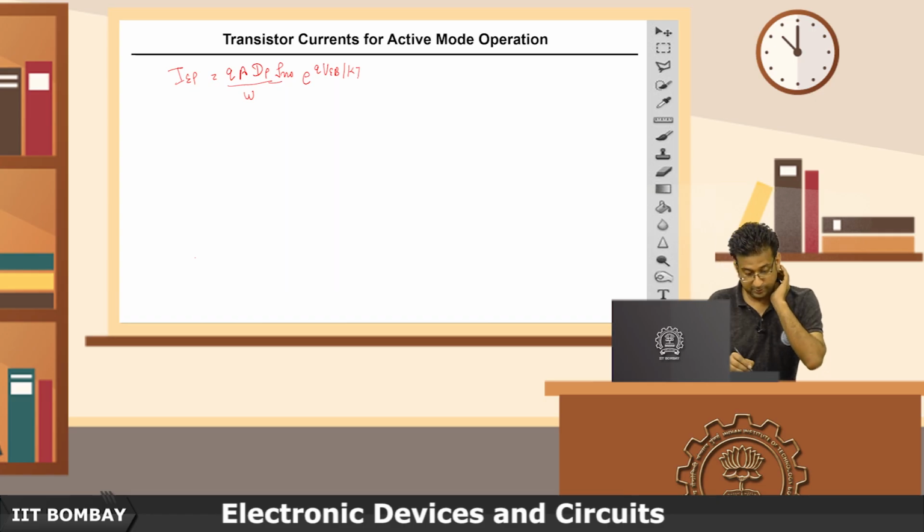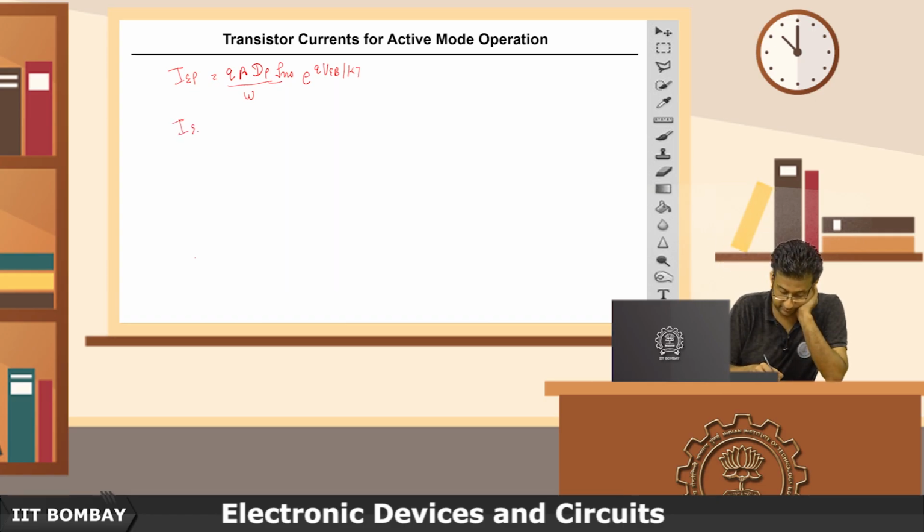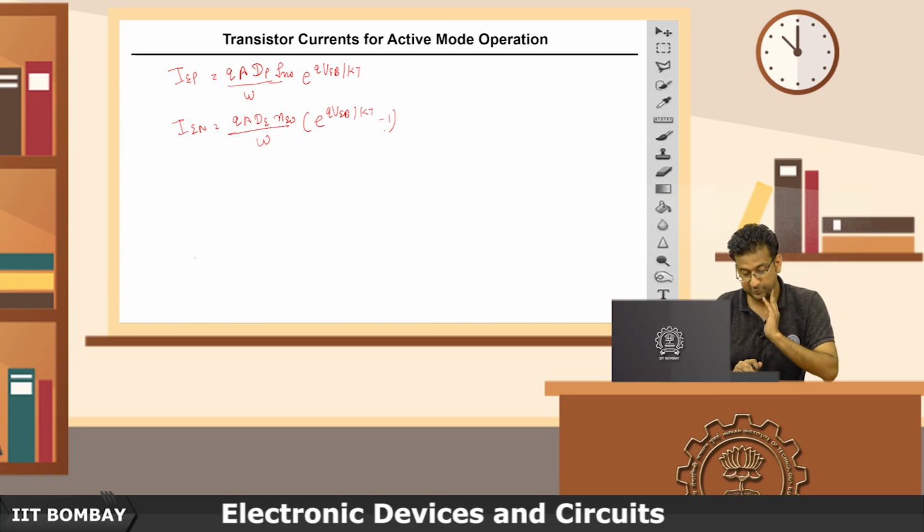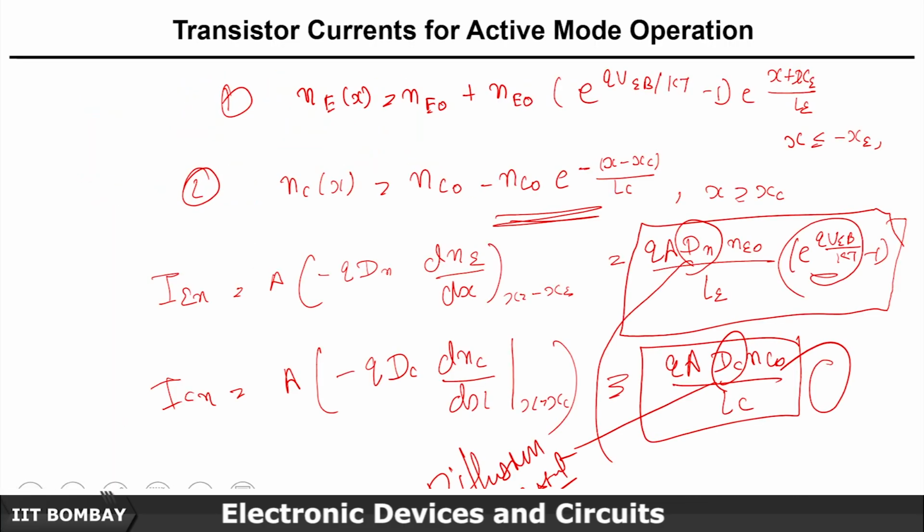Similarly IEN is QADE divided by W, NE0, times (e raised to power QVEB by KT minus 1). These are the two expressions we just derived.